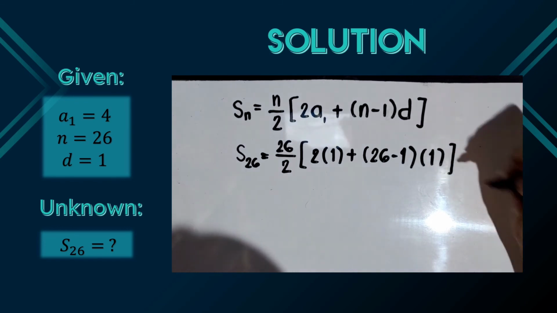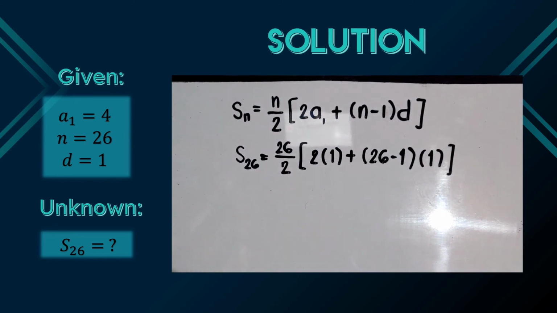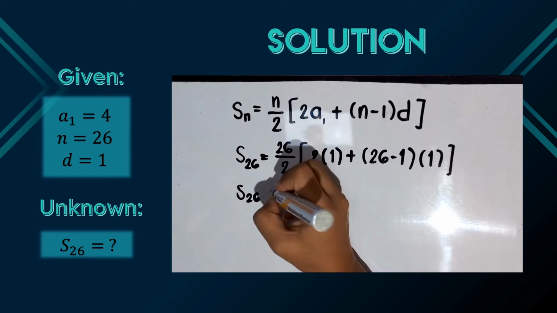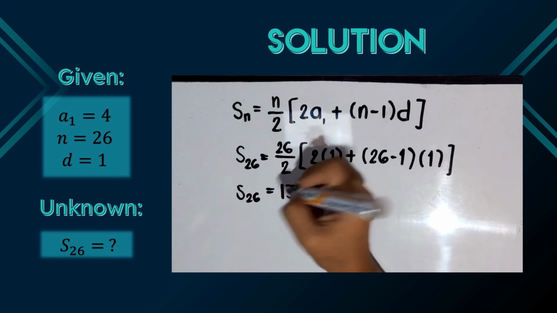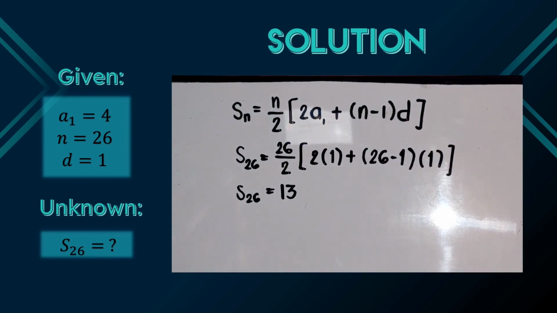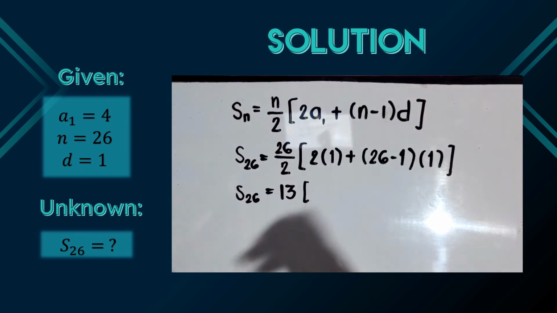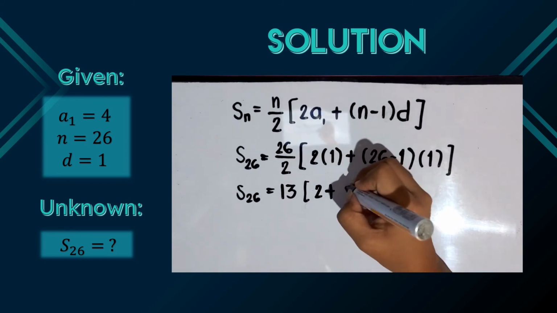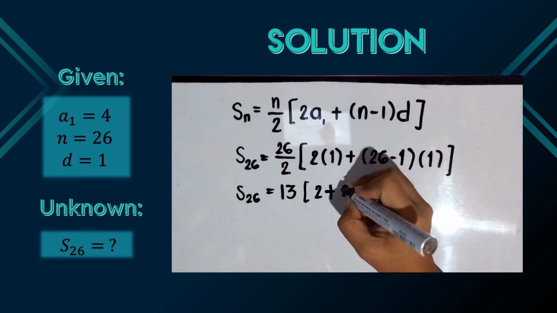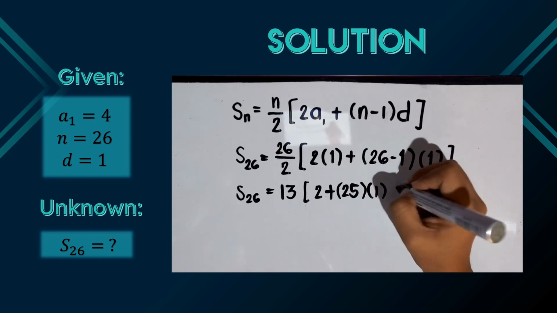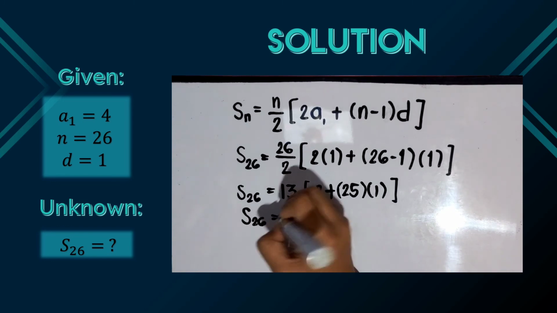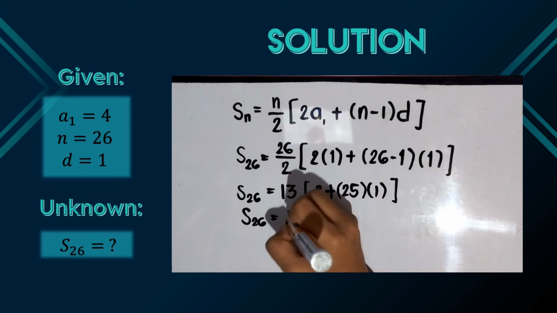Simplifying first 26 over 2 and those values inside the grouping symbol, we will have S sub 26 is equal to 13 times the quantity of 2 plus 25 times 1. Which will give us S sub 26 is equal to 13 times the quantity of 2 plus 25.